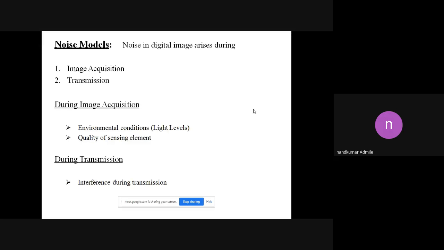Can anyone tell the definition of image acquisition? The three different types of image acquisition: image acquisition using a single sensor, a strip of sensors, and an array of sensors. Do you remember it?